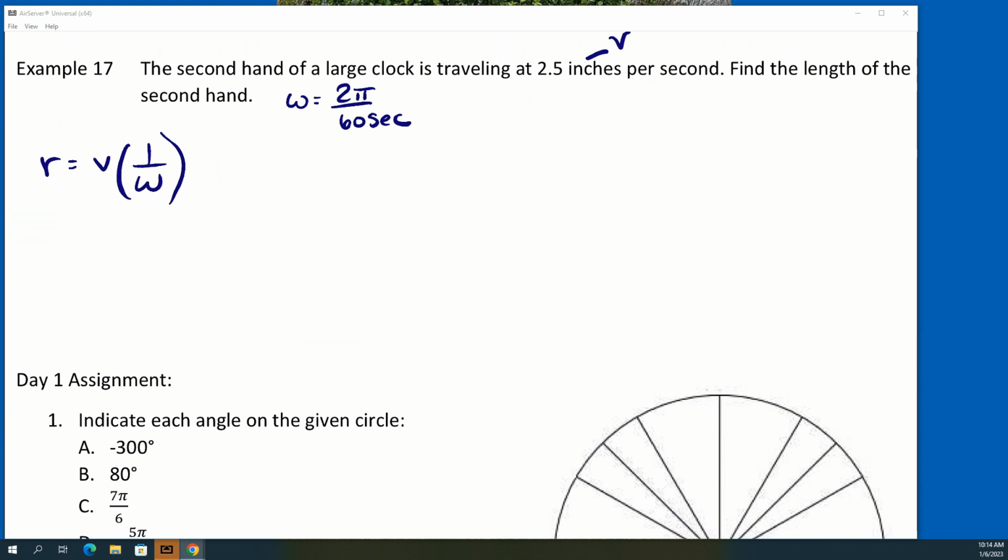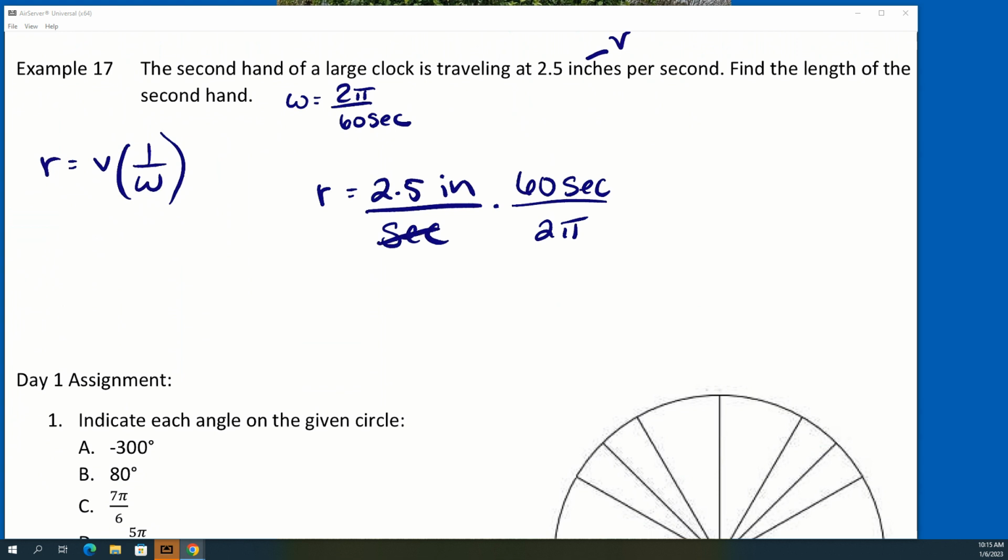1 revolution, we could do it using that and then get rid of revolutions. Or 360 degrees, we could do that and get rid of degrees. But if we do this one, we're not going to have to do any extra steps. So what we'll do is take our 2.5 inches per second and multiply it by the reciprocal of our omega.